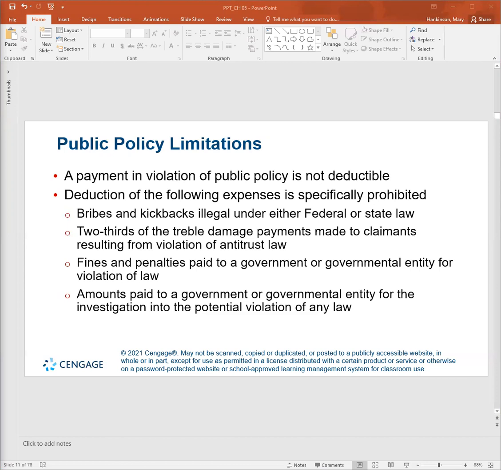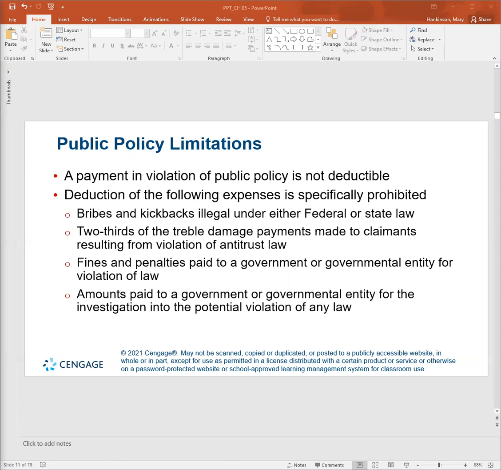Under legislation based on this principle, deduction of the following expenses is specifically prohibited: bribes and kickbacks illegal under federal or state law; two-thirds of the treble damage payments made to claimants resulting from violation of antitrust law; fines and penalties paid to a government or governmental entity for violation of law; and, of course, amounts paid to a government or governmental entity for the investigation into the potential violation of any law.